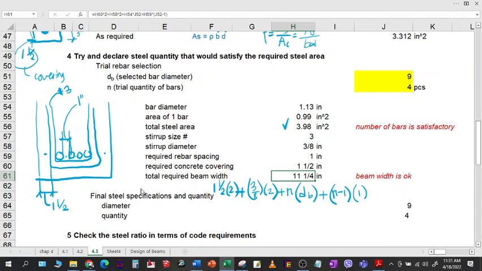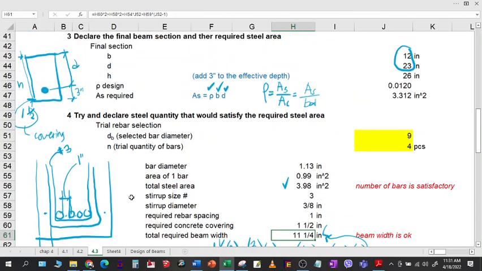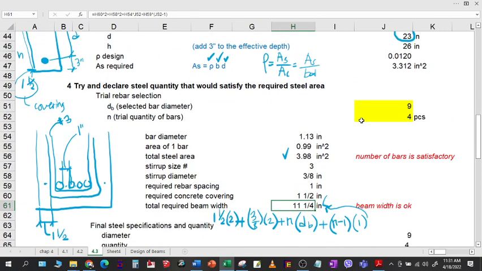So adding all those up, you get 11 and 1/4 inches. And 11 and 1/4 inches is less than the specified final width that you have set, which is 12 inches. So therefore, the beam width is okay.